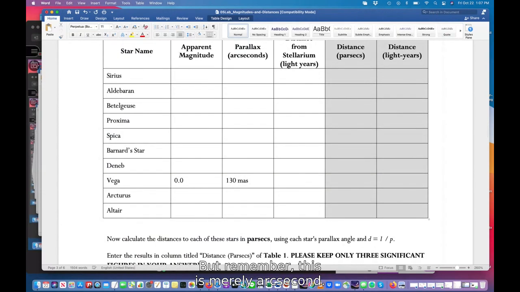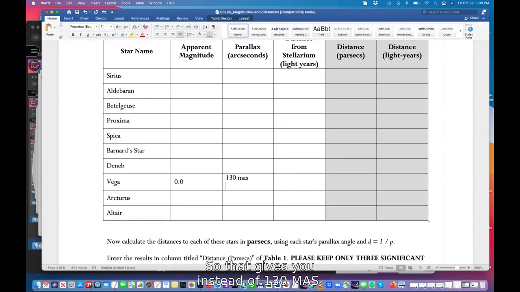But remember, this is milliarcseconds. This is not arcseconds. You have to convert that into arcseconds. And so basically milli is 0.001, right? Milli is 1,000th. So you simply do a conversion, divided by 1,000. So that gives you, instead of 130 MAS, you write down 0.130 arcsecond.